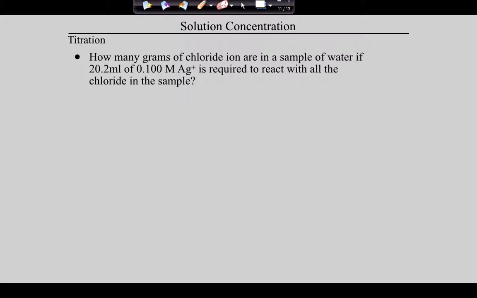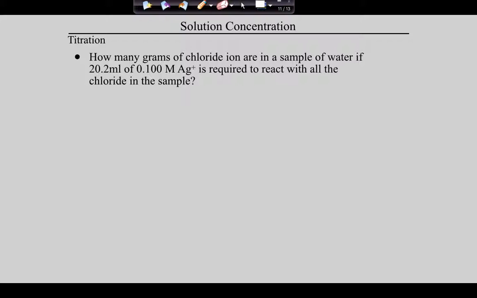So you decide for some warped and unexplainable reason that you want to become a research chemist. And you finish up your degree and you end up getting a job in an analytic lab. And somebody brings you a sample of a solution and they say, hey, we know that this contains chloride ion, but we need to know how much chloride is in this sample.